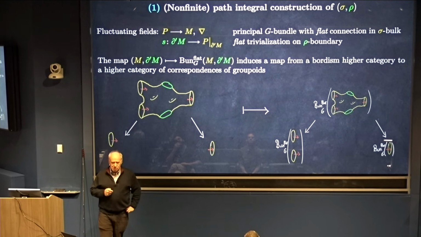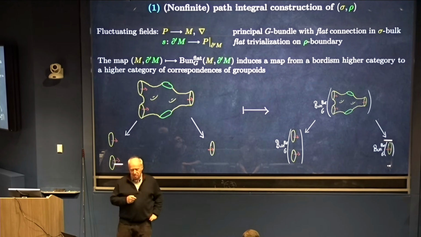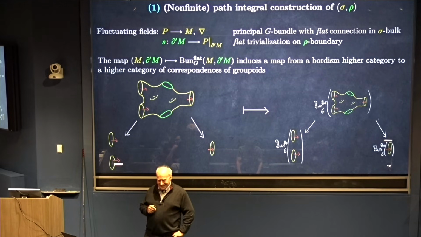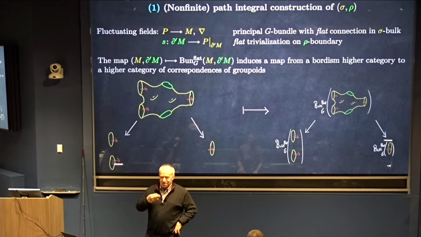Okay, so, David. You can still specify a non-trivial topology on the G bundle. Is that right? Like the section S is a flat section, not necessarily the trivial bundle. Well, if you have a flat section of a bundle with connection, it is a trivializable bundle, in particular without the connection, on that boundary.